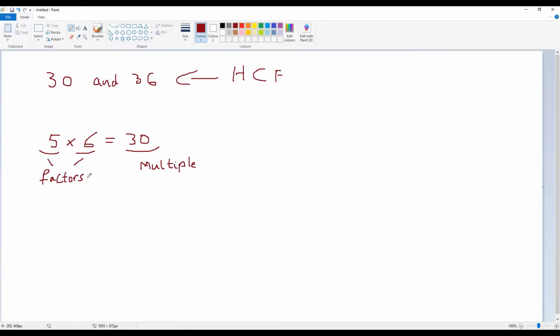Okay, but there are other ways you can get 30, of course. You can also get 30 by multiplying 1 by 30. That gives you 30 through multiplication. You could also multiply 2 by 15. That will also give you 30.